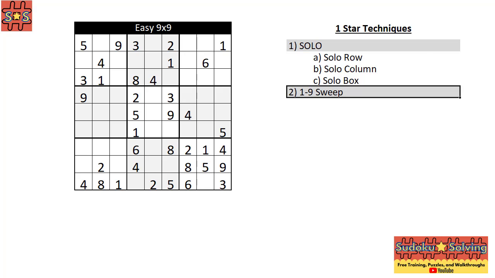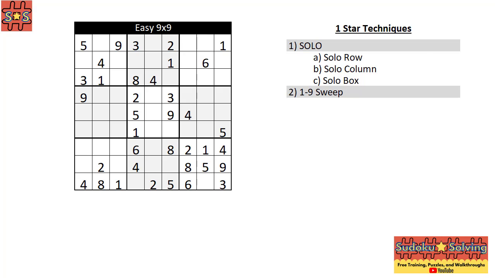From that video, I had mentioned how every row, every column, every box is limited in that it can only have one of each number 1 through 9, no duplicates. So, whenever you see a row, a column, or a box that has only one blank space, that should get you excited, because that means you can invoke the solo technique.